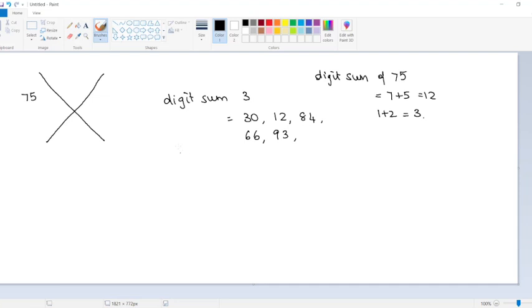Now you can consider this question: how many such numbers are there? Try to list all of them. We'll focus on 1 to 100 first, then we can go to others. How many numbers between 1 to 100 with digit sum 3?